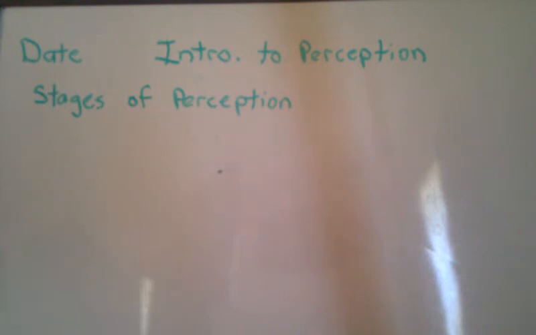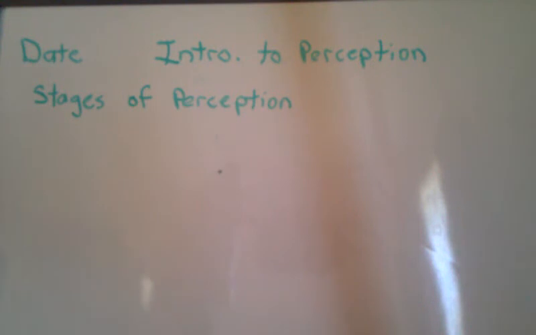In the first stage of perception, sensory stimulation occurs, and our attention is drawn to specific stimuli. We select a focus. Stimuli are sensations received by our senses. We hear, smell, taste, feel, and see any number of things all in one moment.